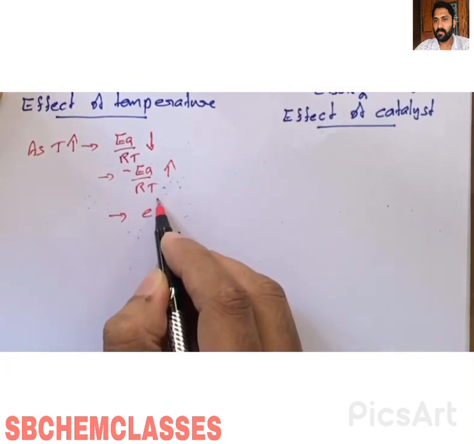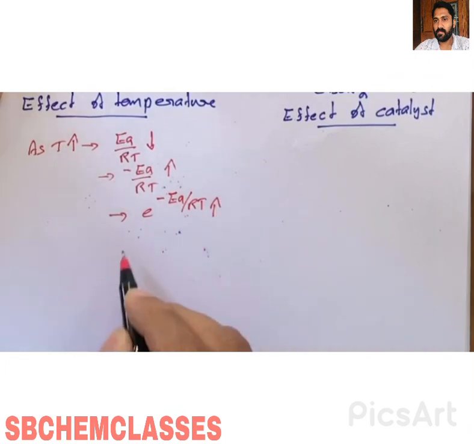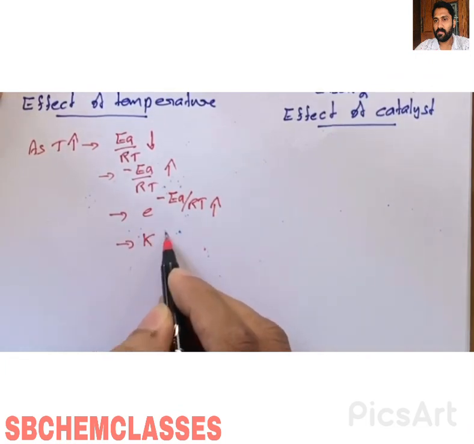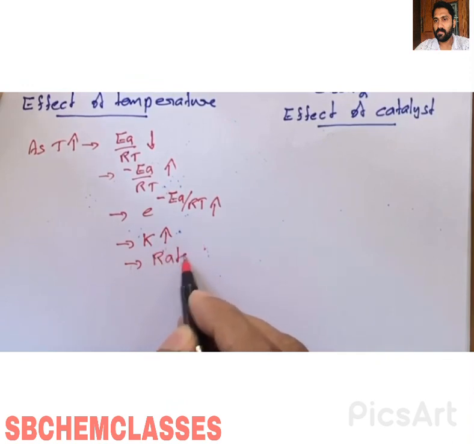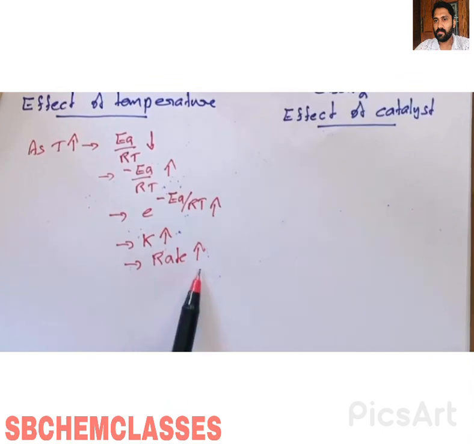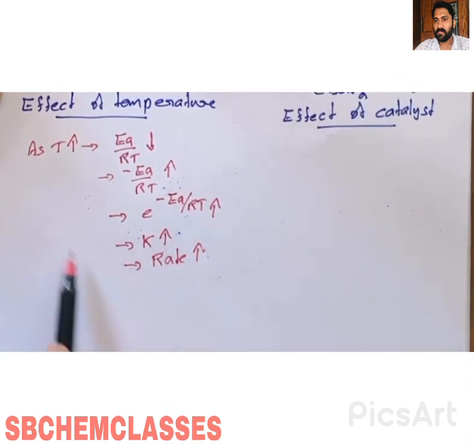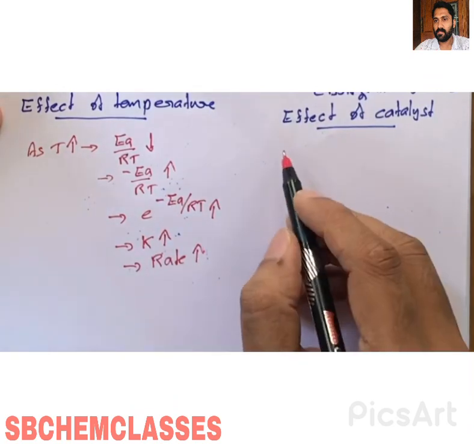That is, e raised to minus Ea by RT increases. K increases. If K increases, the rate of reaction increases. So, as temperature increases, the rate of reaction increases. It can be explained by the Arrhenius equation.